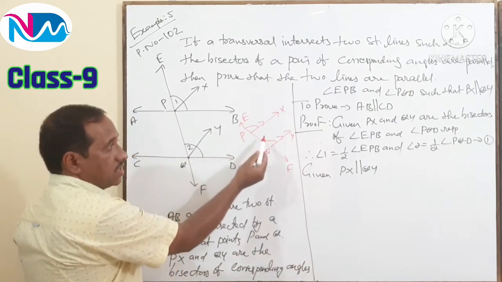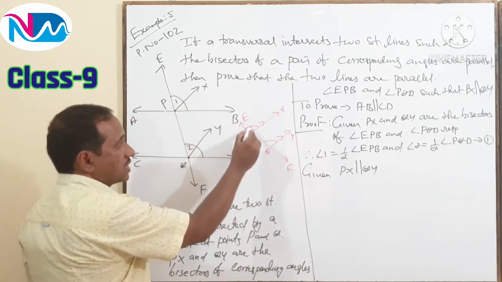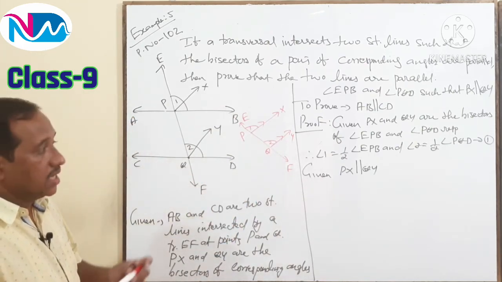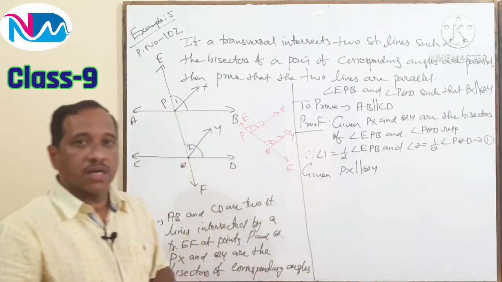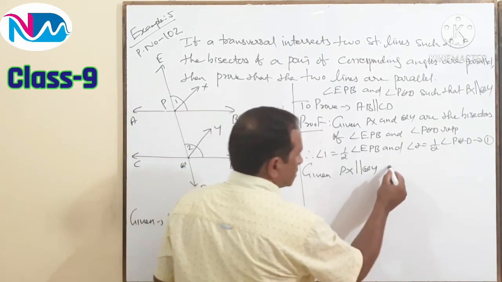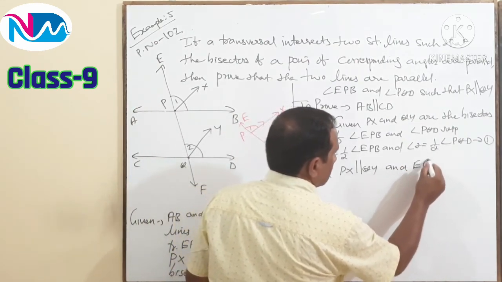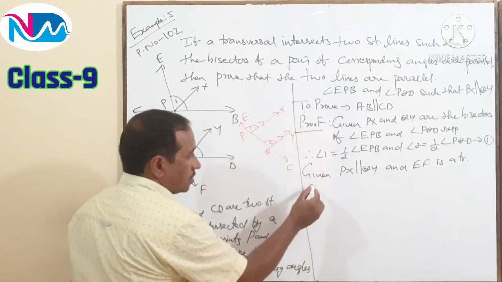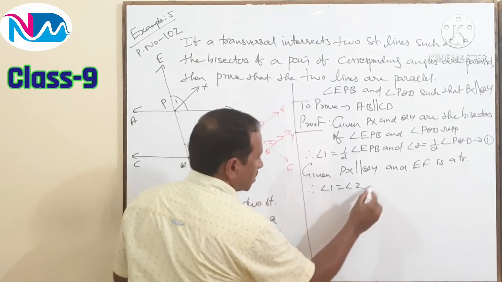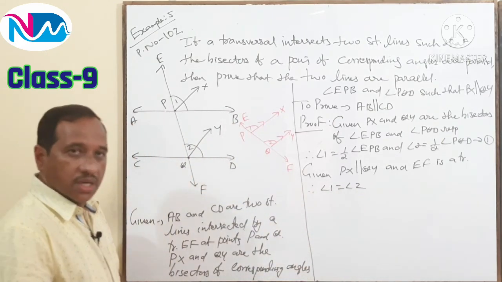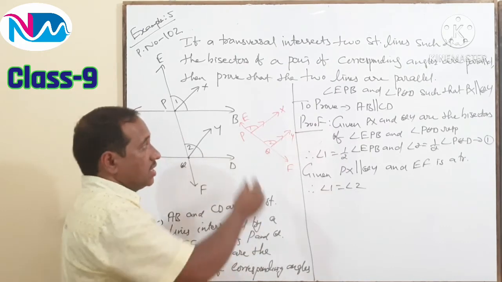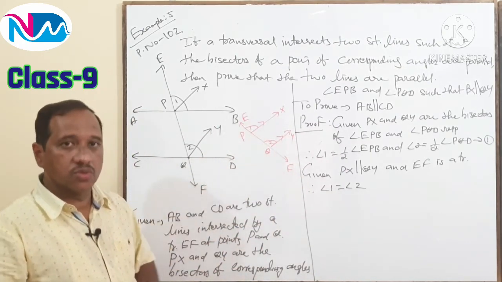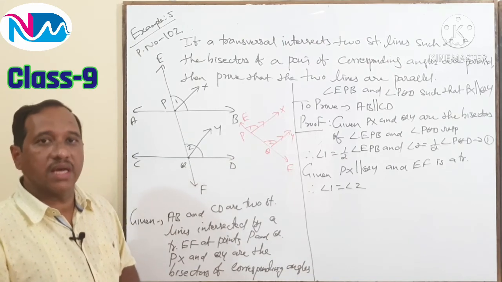These two angles, if you compare with this figure, are angle 1 and angle 2. So we can say that given PX is parallel to QY and EF is a transversal, therefore angle 1 is equal to angle 2. Because for PX and QY, if EF is a transversal, angle 1 and angle 2 form a pair of corresponding angles.